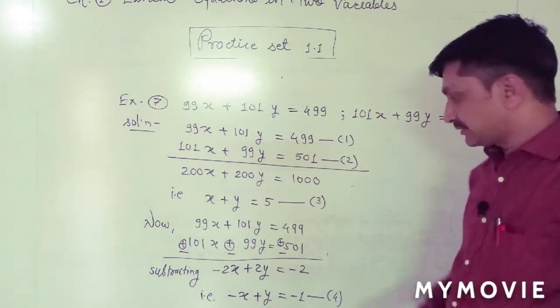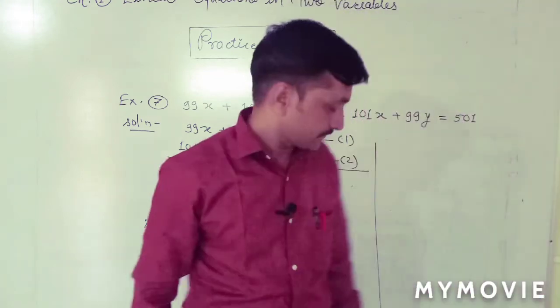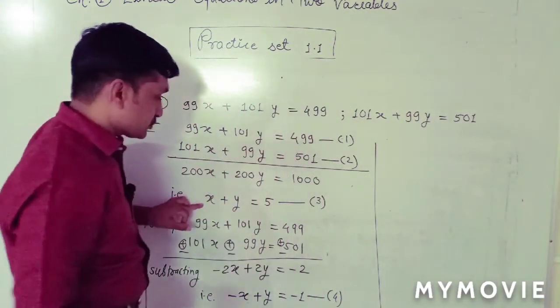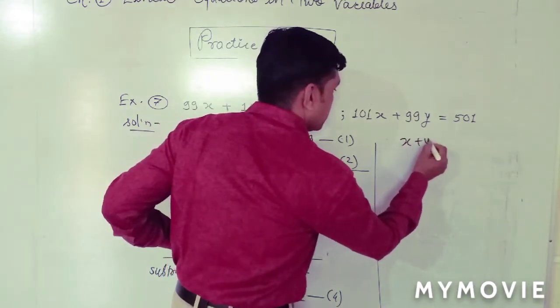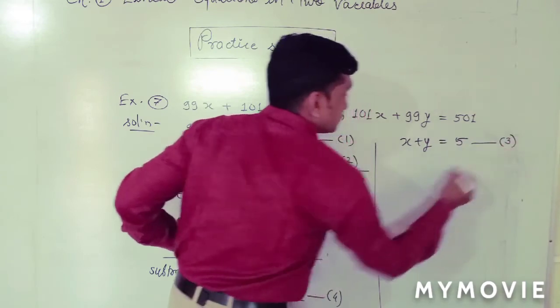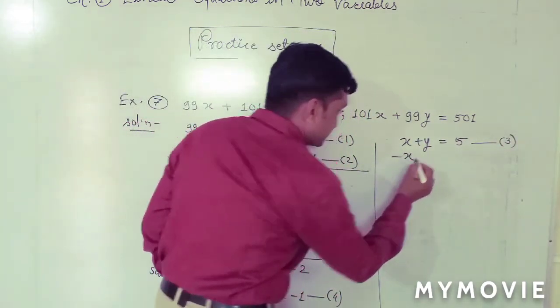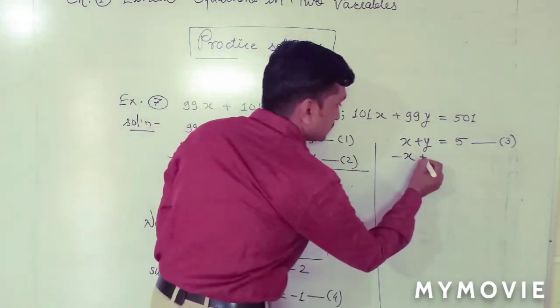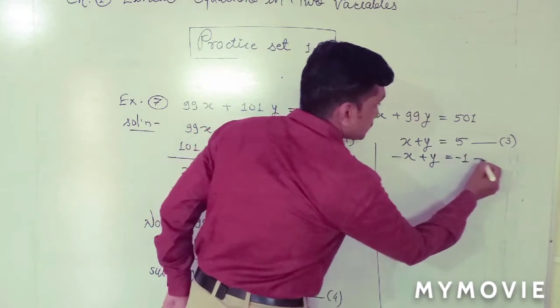Now solve again the simple equations, and then we get the value of x and y. I write equations number 3 and 4 again. x plus y is equal to 5. This is equation number 3. Equation number 4 here, minus x plus y is equal to minus 1.